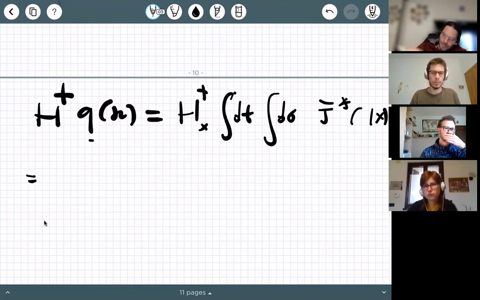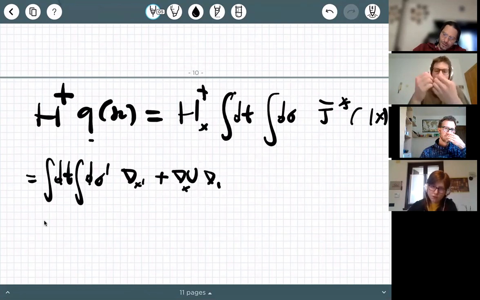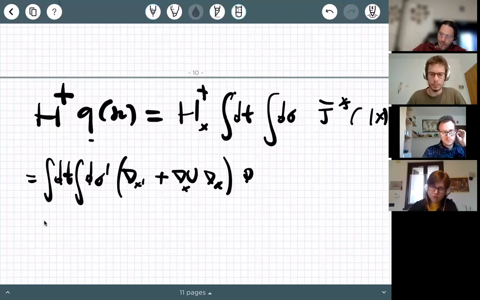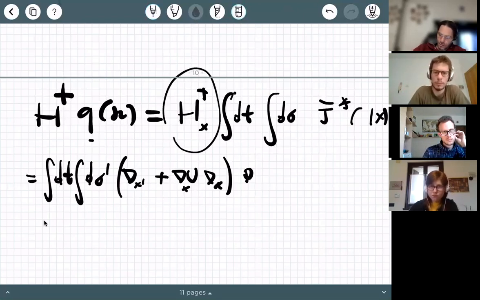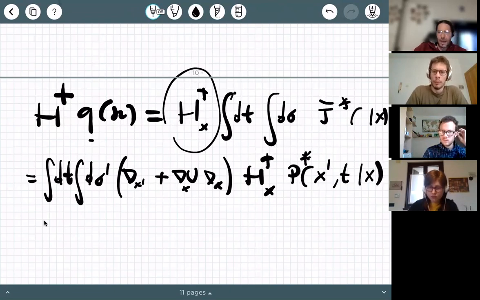Then I basically copy whatever we have done to this point. I have my derivative with respect to x prime, grad of the current. But now I'm moving this operator across these derivatives. So I have H dagger with respect to x of p(x prime, t | x star). Okay, do you follow me?